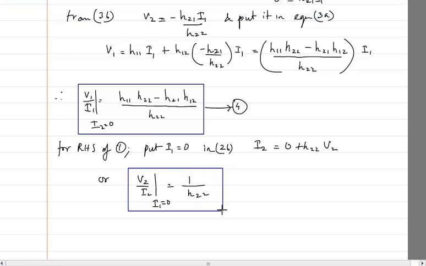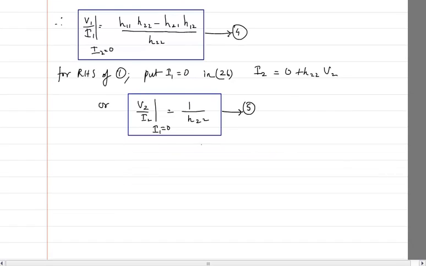And now you can very clearly see from here that for symmetricity, so this is equation 5, for the circuit to be symmetric, the condition is equation 4 should be equal to 5.